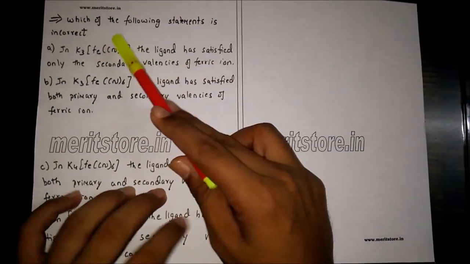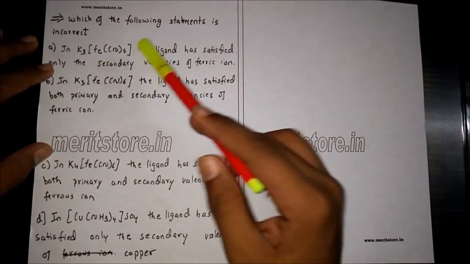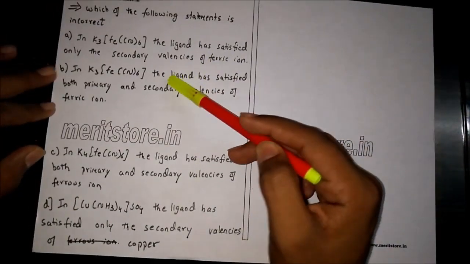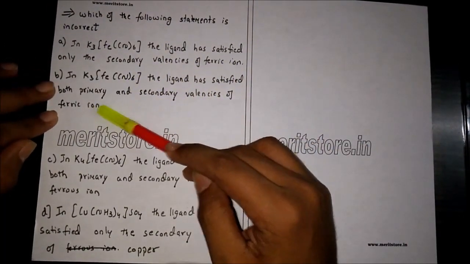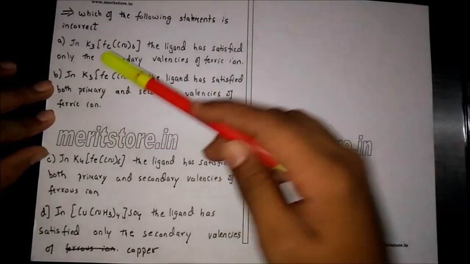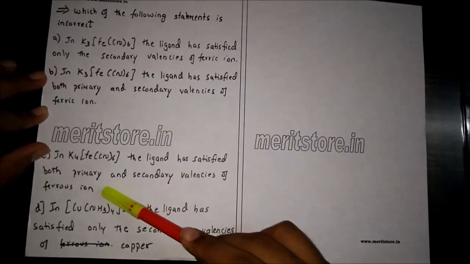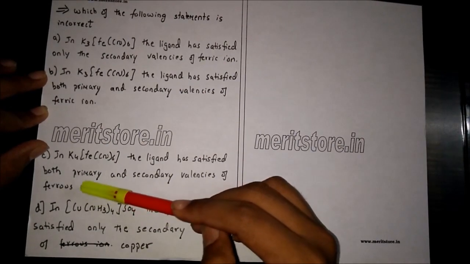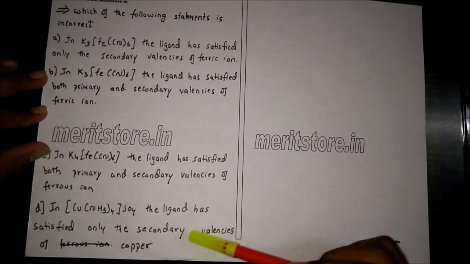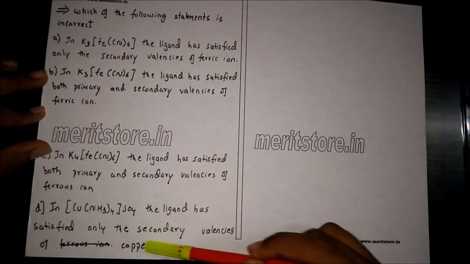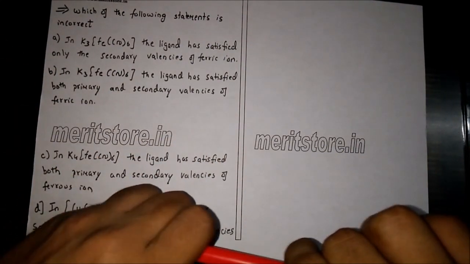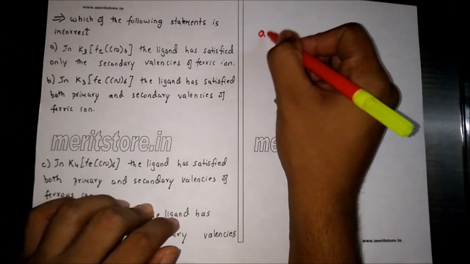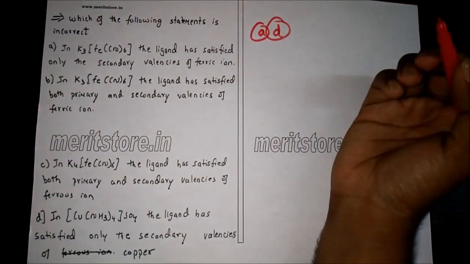Which of the following statements is incorrect? A. In K3[Fe(CN)6], the ligand has satisfied only the secondary valencies of ferric ion. B. The ligand has satisfied both primary and secondary valencies of ferric ion. C. The ligand has satisfied both primary and secondary valencies of ferrous ion. And in D, the ligand has satisfied only the secondary valencies of copper. Now, let's look at the logical solution. Both options A and D are incorrect.